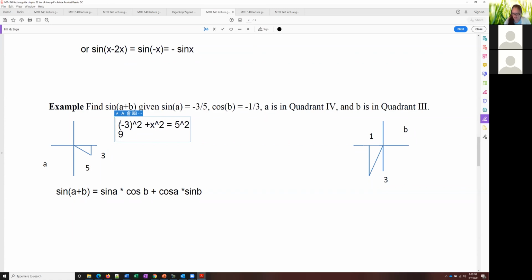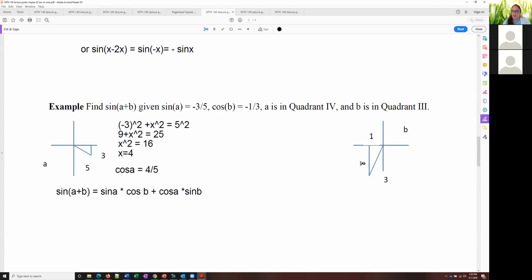And that gives me 9 plus x squared equals 25. So that tells me that x squared will equal 16. So x could be either 4 or -4. But since it's in quadrant number 4, x will equal 4. And so that tells me that the cosine of A will be 4/5.